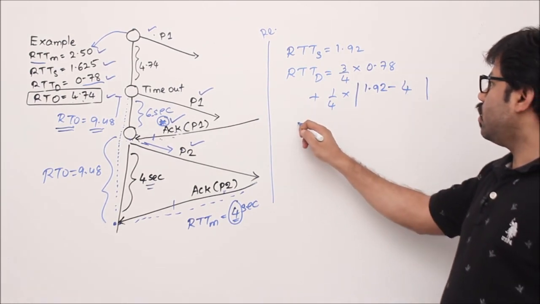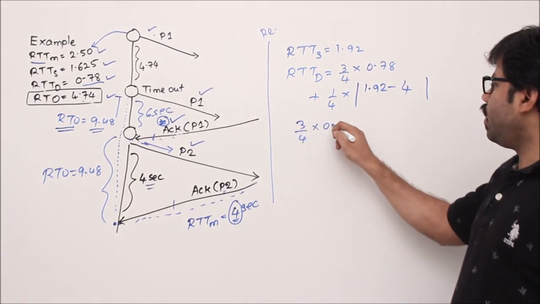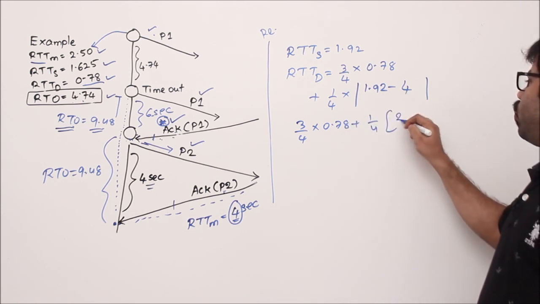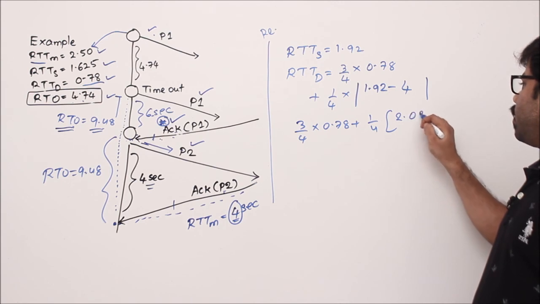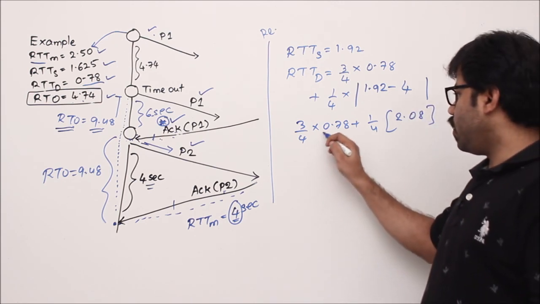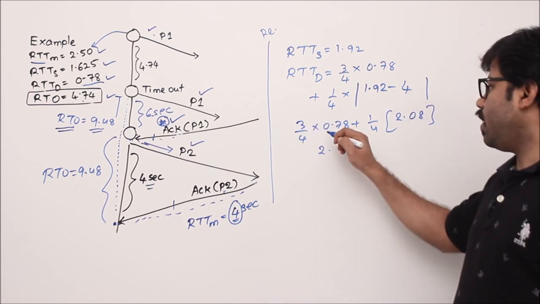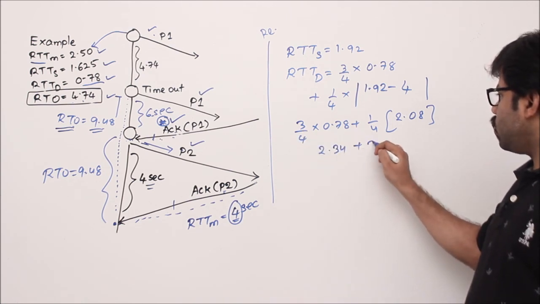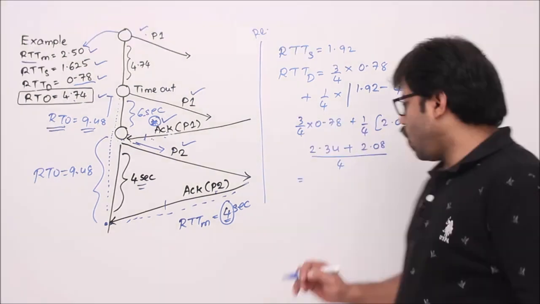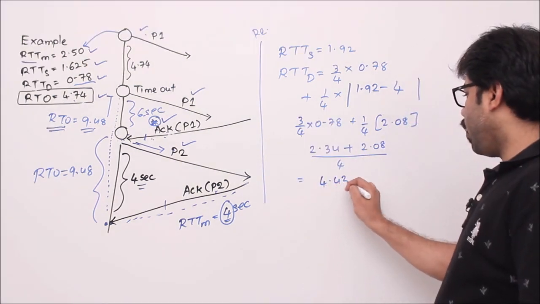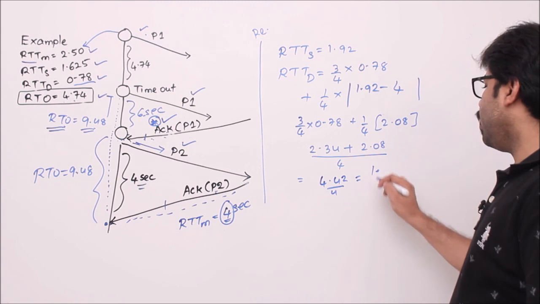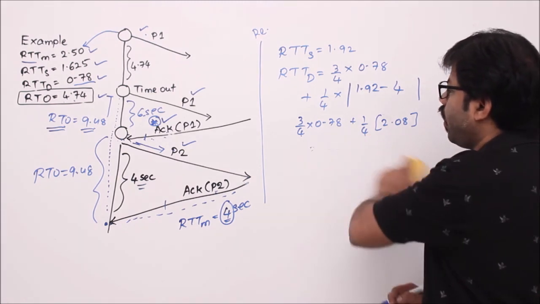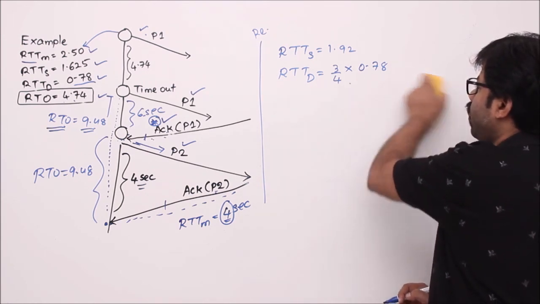So it would be 3 by 4 into 0.78 plus 1 by 4 into 4 minus 1.92, which is 2.08. This will be about 2.34, so 2.34 plus 2.08 by 4, which is 4.42 by 4. If I simplify, you get around 1.1. Finally RTTD is 1.1.